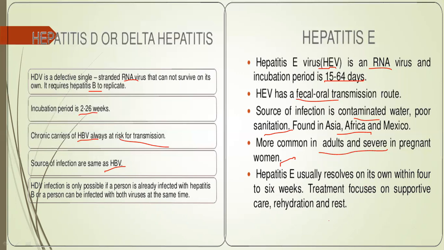It can be transmitted by contaminated seafood and water, and there is almost no chronic condition, and there is no antiviral treatment or vaccine, but we can say its transmission can be stopped or reduced by preventive measures and good hygiene.